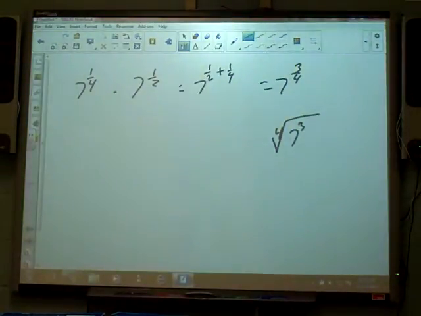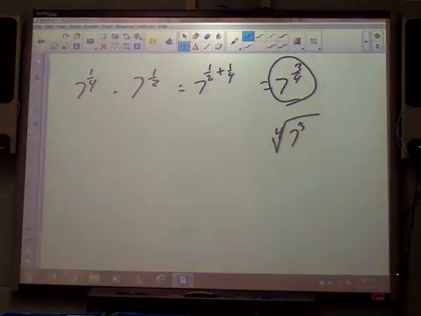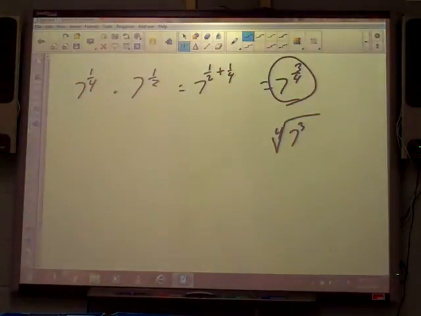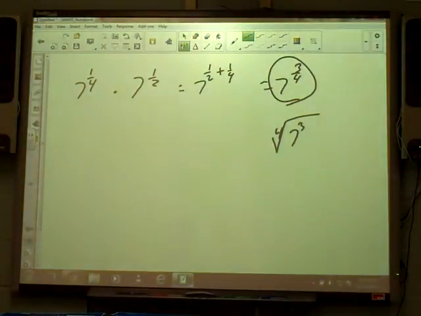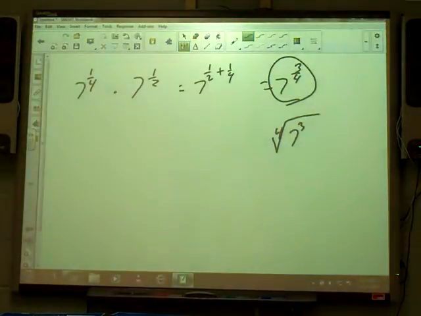Say that again, Dawn. So we're stopping there. 4.30. So 7 to the 3/4 power would be our final answer. Wait, where's that 4.3? 7 to the 3/4 power is our final answer, because when we get a decimal, we're leaving it as a power.